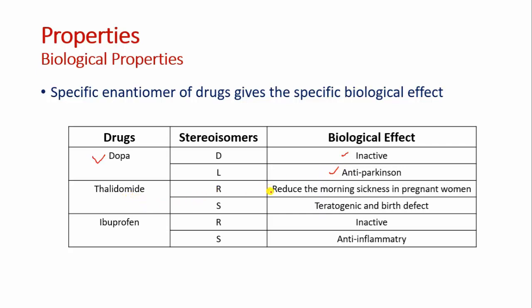Thalidomide, the R enantiomer reduces morning sickness in pregnant women. The S enantiomer has the side effect of teratogenicity and birth defects. Ibuprofen, the R enantiomer is inactive and the S enantiomer has anti-inflammatory activity. So we conclude that a particular enantiomer gives a particular activity. One enantiomer may be active while the other may be inactive.